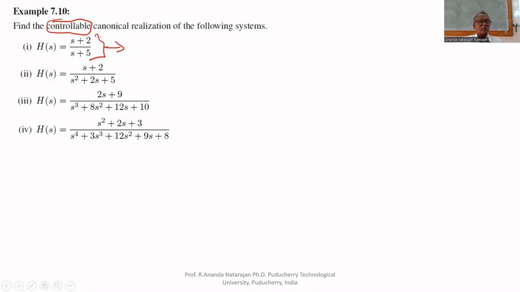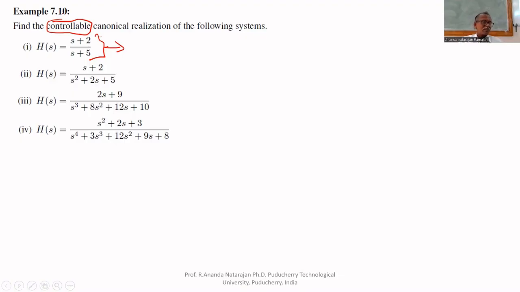Similarly, for all physical systems, sometimes some variables are observable variables, some variables are controllable variables. We have to check whether the system is controllable or not. If it is controllable, then only we can design a controller. Suppose I am trying to control the speed of the earth, will it work out? No, because it is an observable system. Similarly, if we have any system, we have to check whether it is controllable, observable, or both.